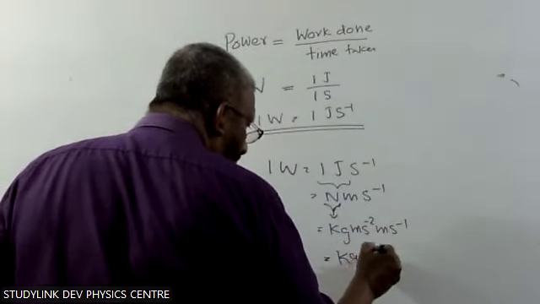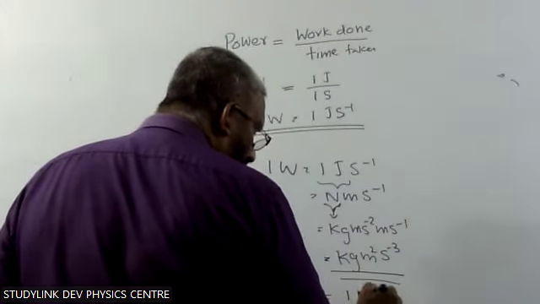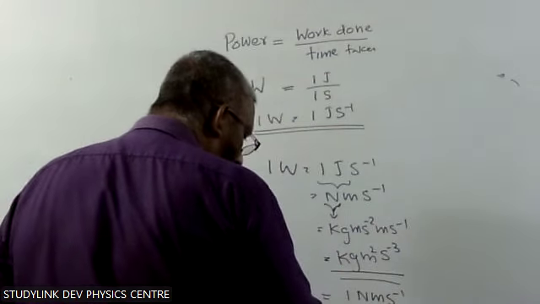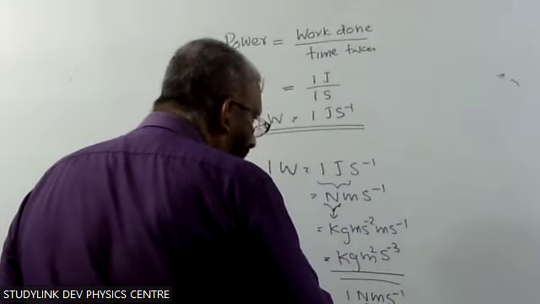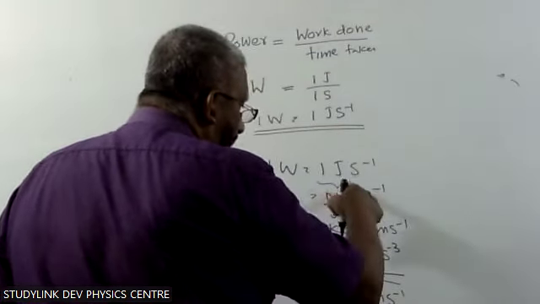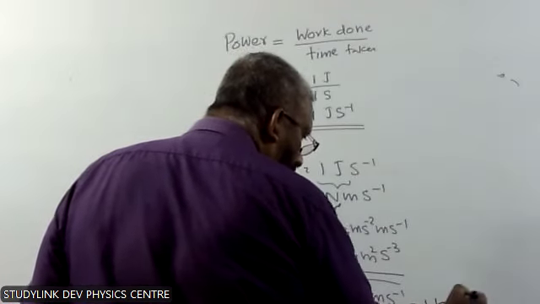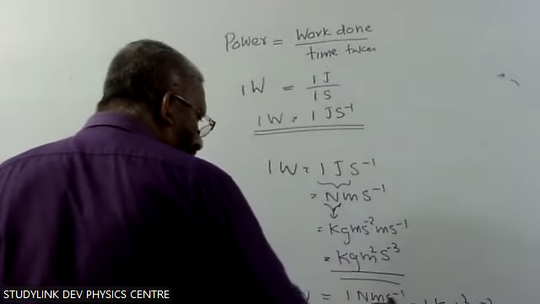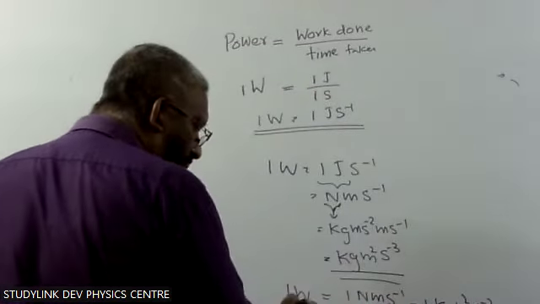Then we can consider it as 1 watt in this way. So then 1 watt is equal to 1 Newton m s^-1. Understood? So then after that, we can consider this again as 1 kg m^2 s^-3. So for MCQ, sometimes these two will be given, or these two, or these two can be given.